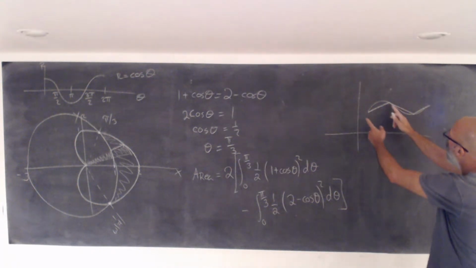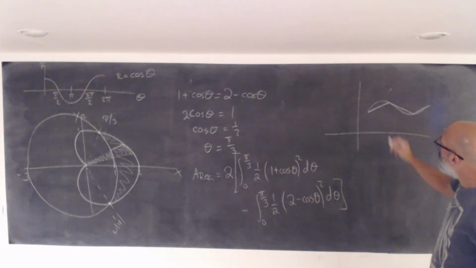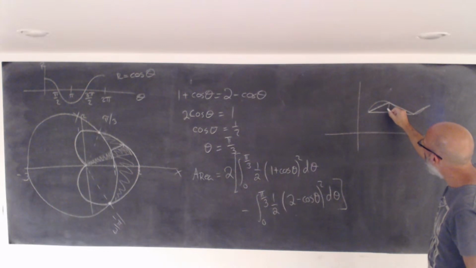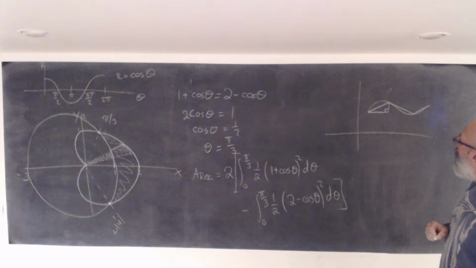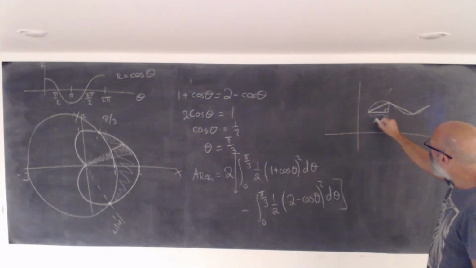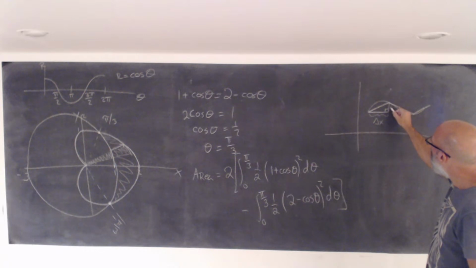We did an approximation where these straight lines were really the hypotenuse of these right angle triangles, where this was the change in x and this was the change in y.